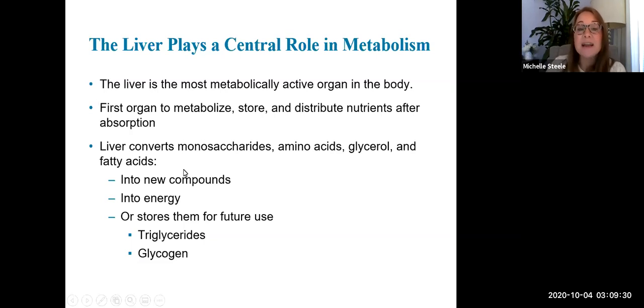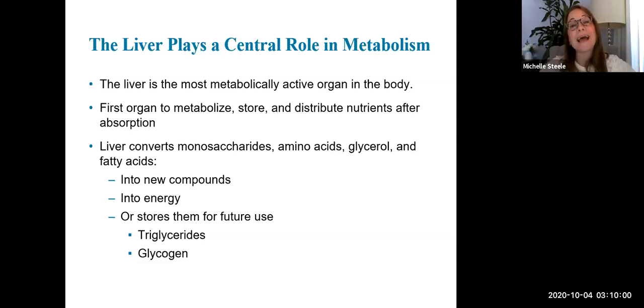So the liver can do that. It can create these new compounds. It's also responsible for turning products into energy, and that's going to be a very important aspect of the liver. And it can store these for future use. Think about when our body has plenty of energy servicing the cells, then the liver says, okay, I don't need to supply the blood with any more glucose.